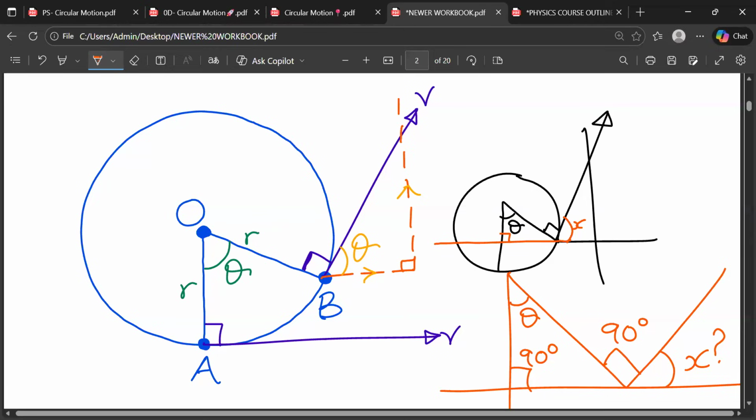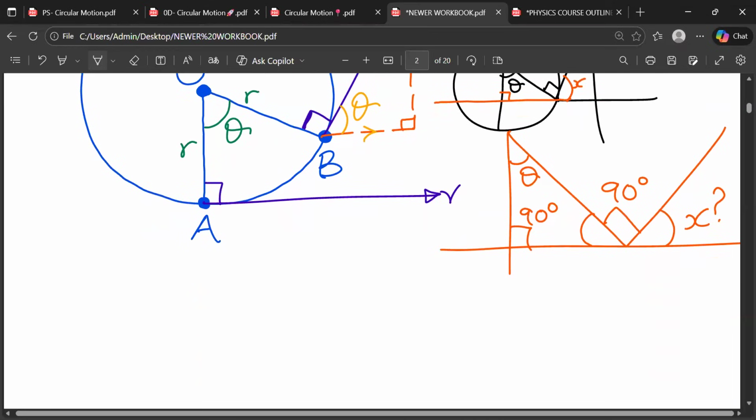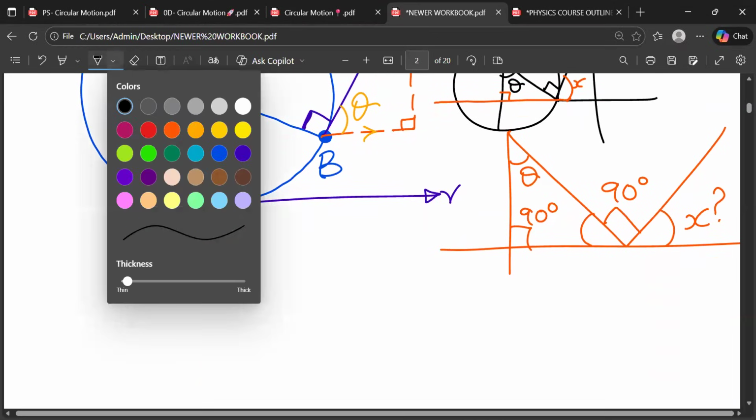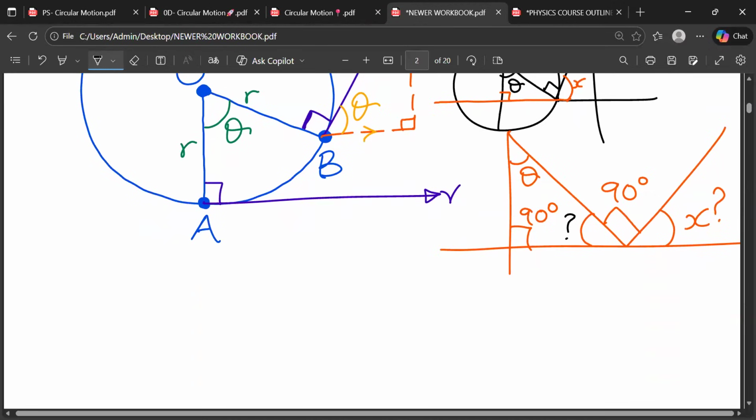So the very first thing I would do is first and foremost get this angle. Let me tell you what that angle is. So let's first get this one. Can people accept that theta plus 90 plus that first angle I want to get have a total of 180? Do people agree?